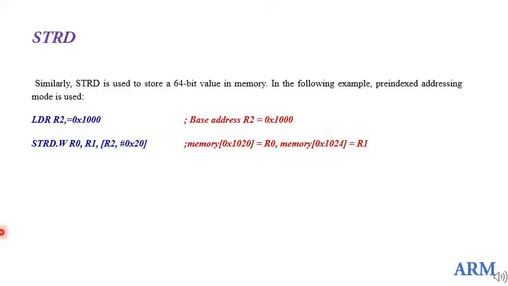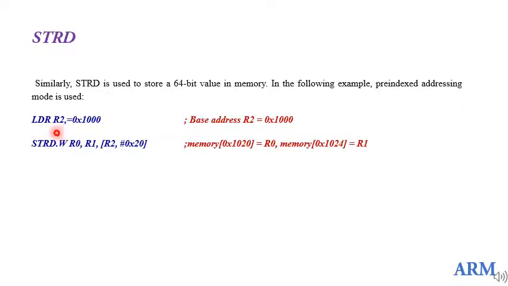Similarly, we can see the store instruction, that is STRD. STRD is used to store a 64-bit value in memory. In this example, we will take pre-indexed addressing. Pre-indexed addressing means first the address is computed and then the transfer occurs. So before that, I need to load the address into a register.